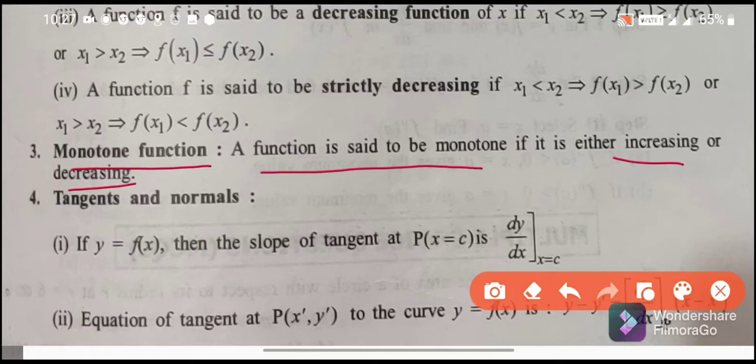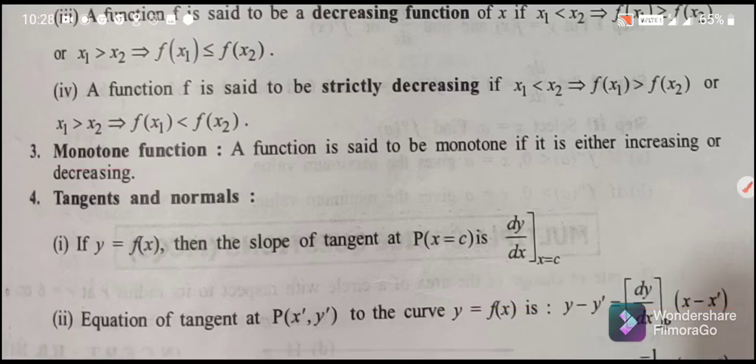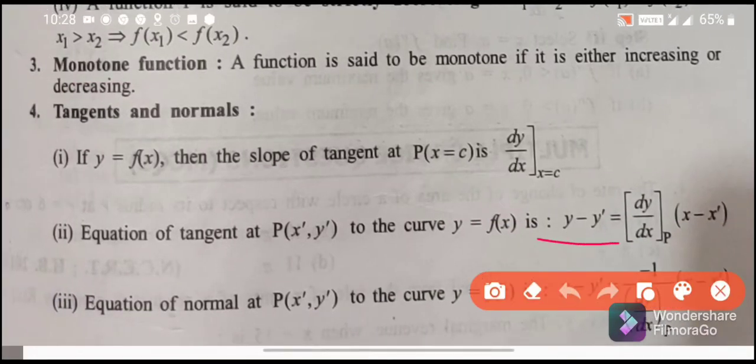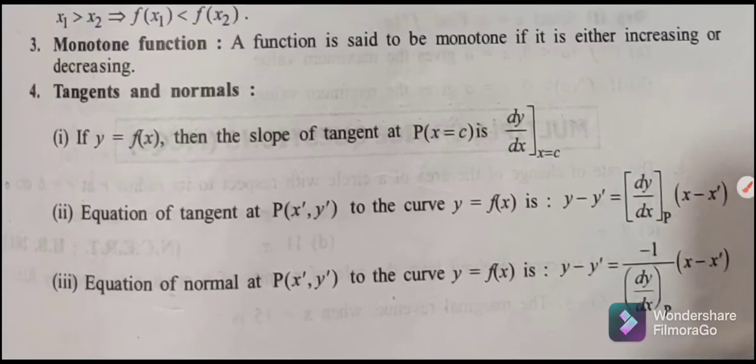Next, tangent and normal. If y is equal to f(x), then slope of the tangent is equal to dy by dx, and equation of tangent is y minus y dash is equal to slope times x minus x dash, and equation of normal is y minus y dash is equal to slope of normal times x minus x dash.